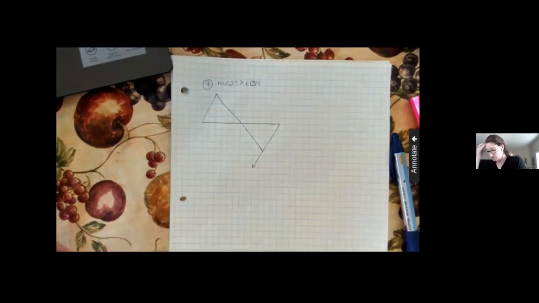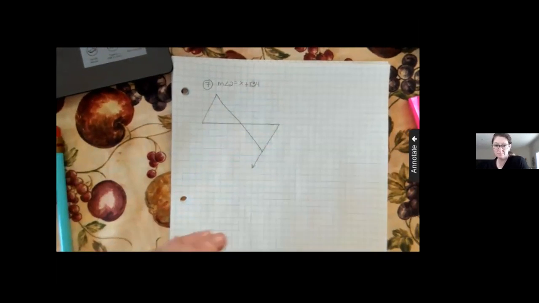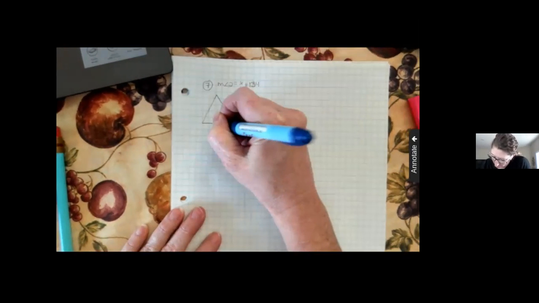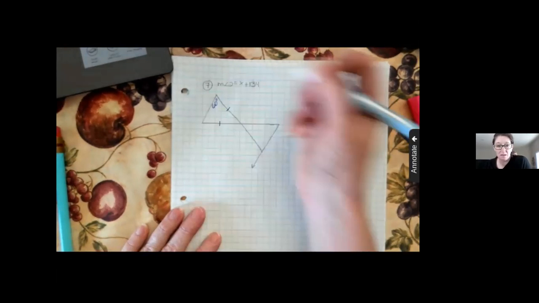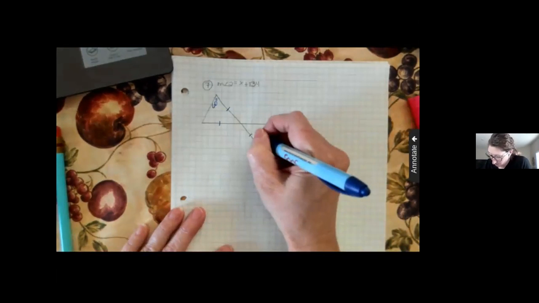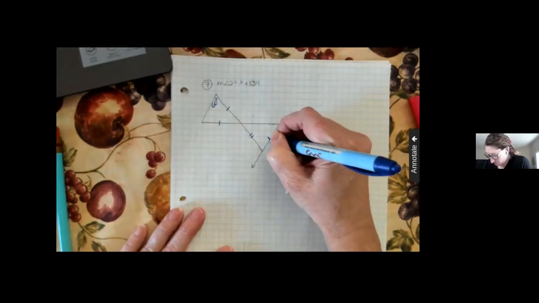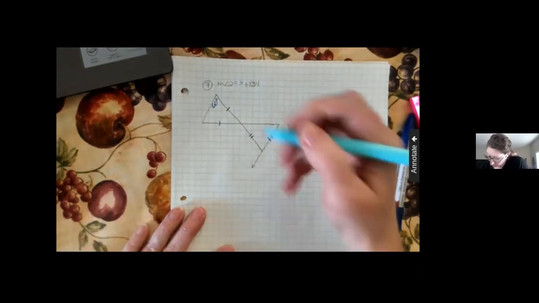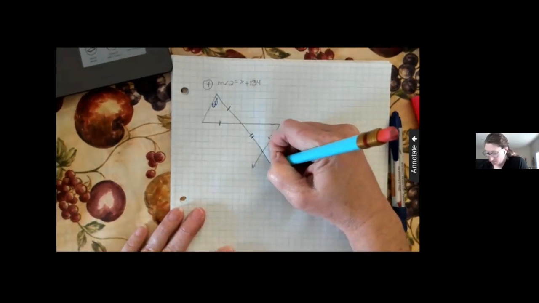Okay, so what we know, oh, this is a good one. All right, you guys are going to help talk me through this one. Oops, I forgot a tag. Sorry. That's important.